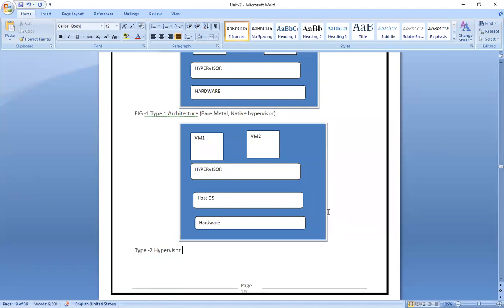So these are the two hypervisors. Firstly, a type 1 hypervisor runs directly on the host system or hardware, and it is also known as the native hypervisor or bare metal hypervisor. In the case of type 2 hypervisor, a host operating system runs on the underlying host system, and it is also known as a host-based or hosted hypervisor.